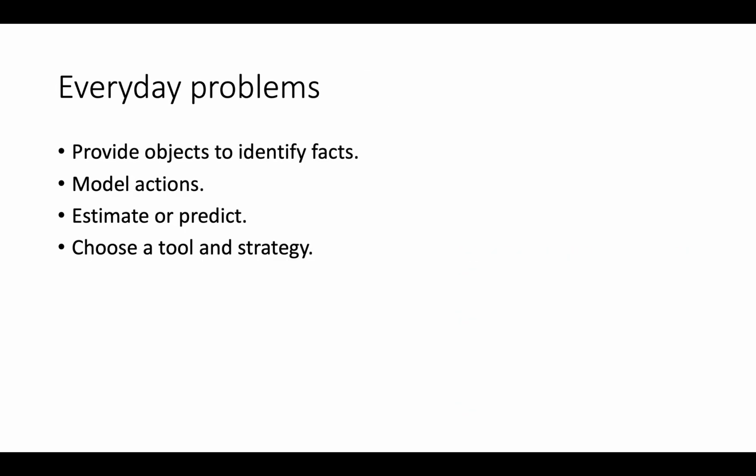Here are examples of everyday problems you can solve with your child by providing objects to identify facts in the problem, model actions for the students to choose what to do, estimate or predict what the solution might look like, then choose a tool and a strategy or a plan to solve the problem.